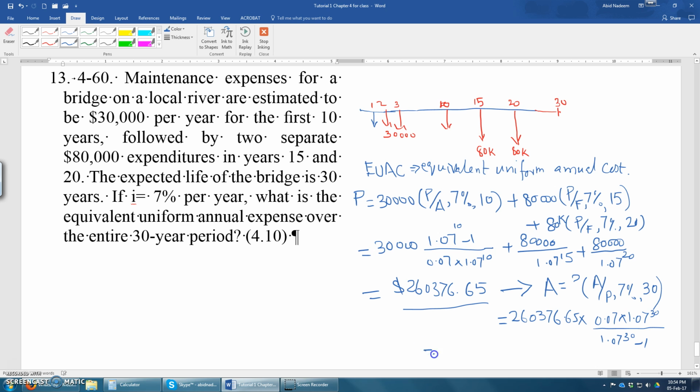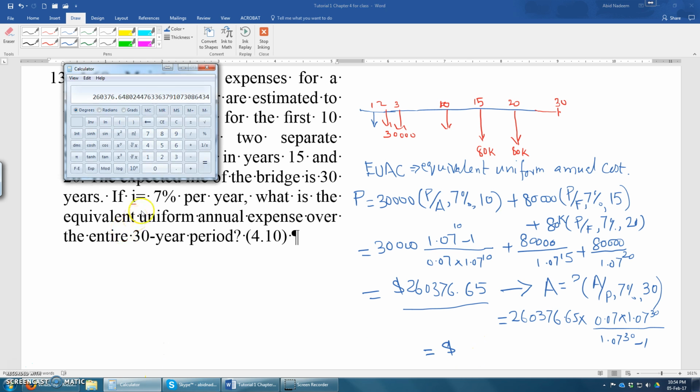In this space I can put the answer in dollars. Calculate it: I have this value here, multiplied by 0.07 multiplied by 1.07 power 30, that is equal to this, divided by 1.07 power 30 minus 1.